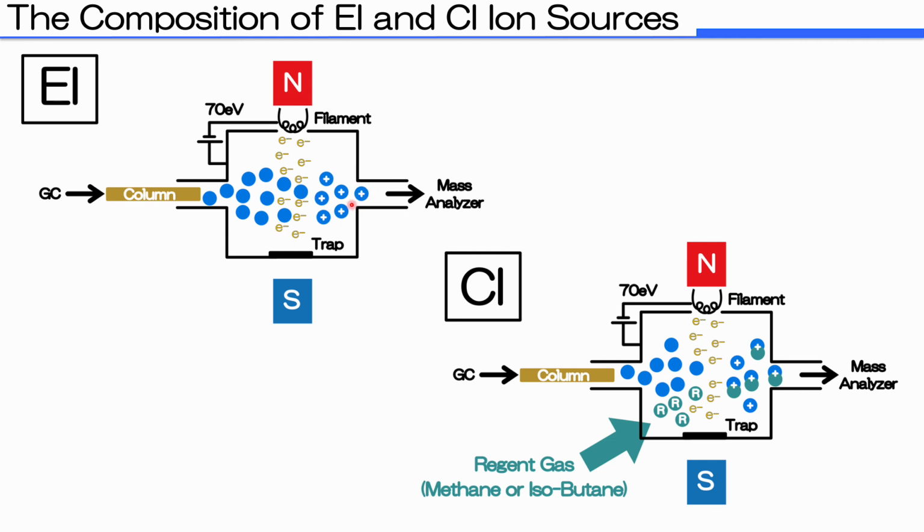Since EI is a strong ionization method, it usually breaks the chemical bonds of the compound and forms many fragment ions. The CI method is similar to the EI method, but uses reagent gas such as methane and isobutane. In the CI procedure, the ionized reaction gas reacts with the compound.